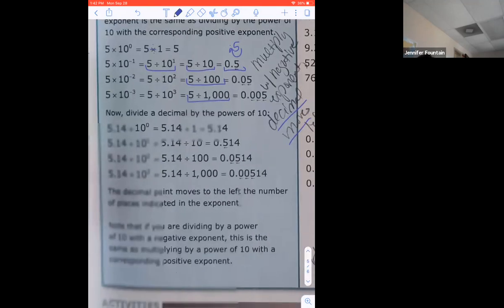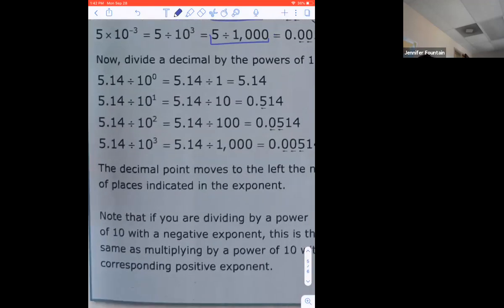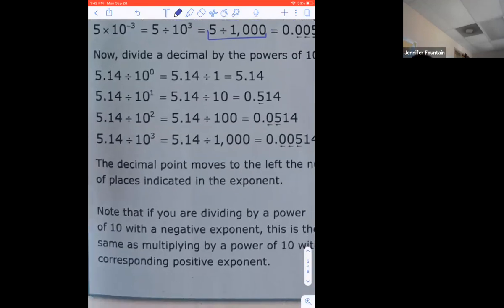So if we're doing the same thing with numbers with decimals, like we did earlier, if I have 5.14 divided by 10 to the 0, that's the same as 5.14 divided by 1. So it just stays 5.14. 5.14 divided by 10 to the first is the same as 5.14 divided by 10.